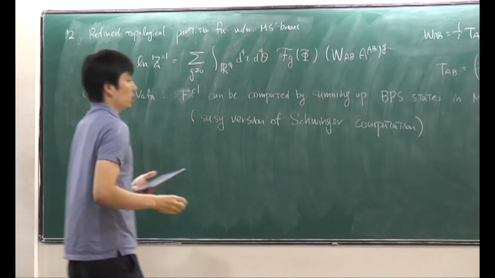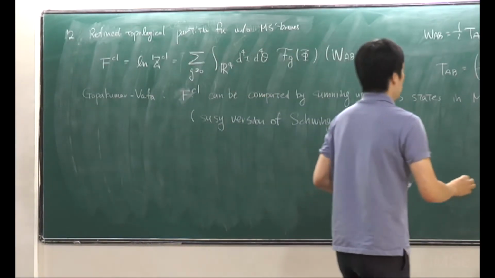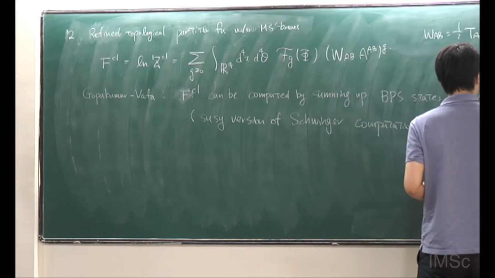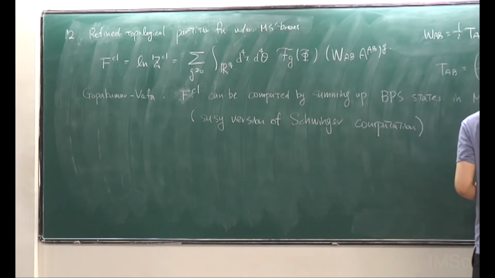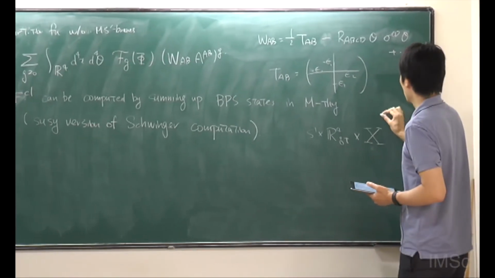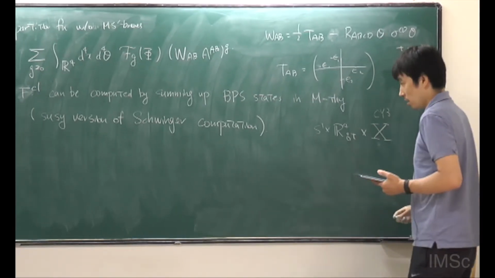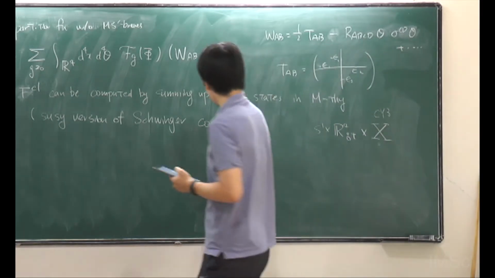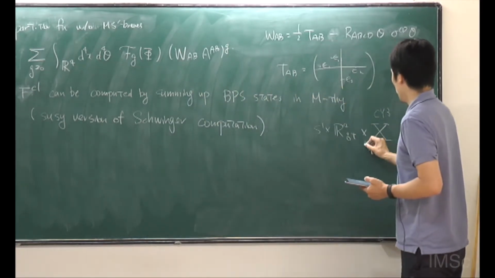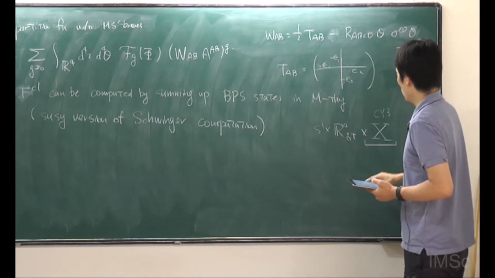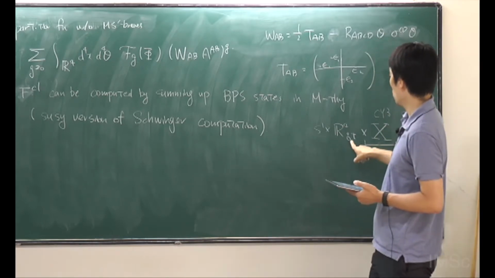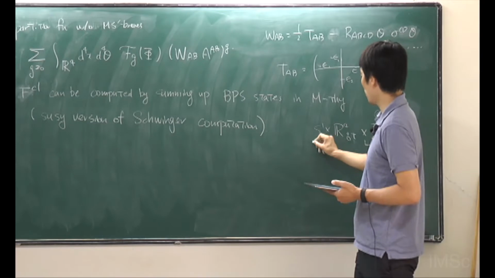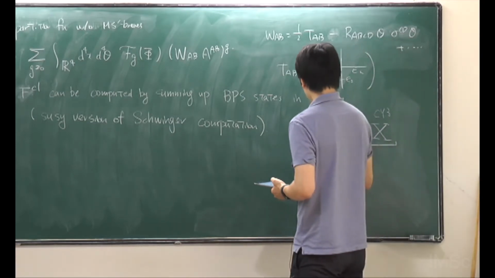So, as I mentioned to you, if you do some Calabi-Yau 3-fold, now X can be any Calabi-Yau 3-fold. Once you compactify M-theory on a Calabi-Yau 3-fold, what you get is the 5D gauge theory.